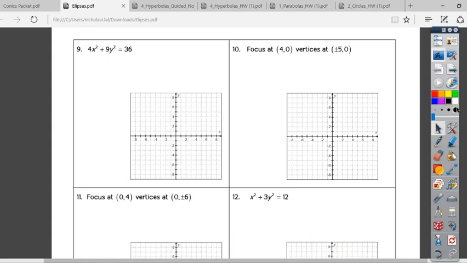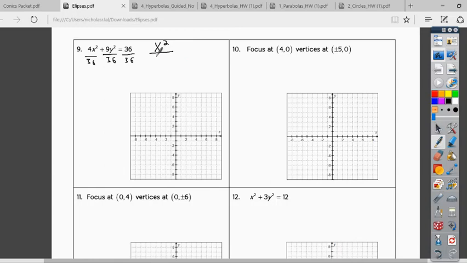For 9, alright, we're going to have to take some work to get this in standard form. Divide each side by 36. This will give us x squared over... 4 over 36. 4 times what equals 36?